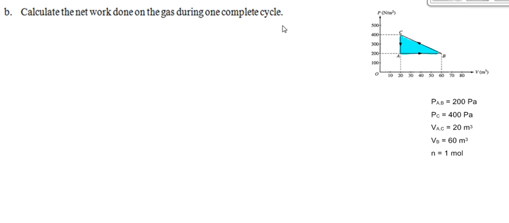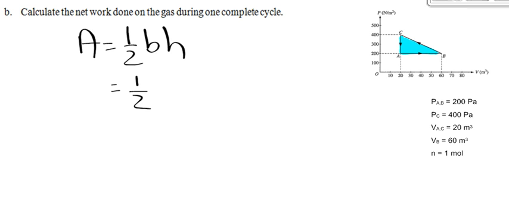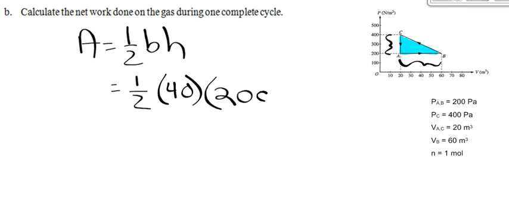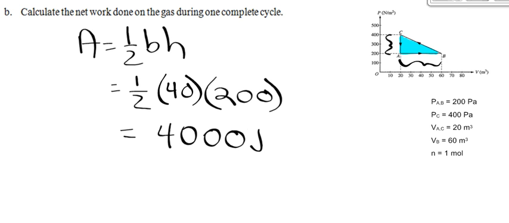The equation for a triangle's area is 1/2 BH. Our base is the difference between 20 and 60, which is 40, and our height is 200. When you plug all this in, you end up with 4,000 joules.